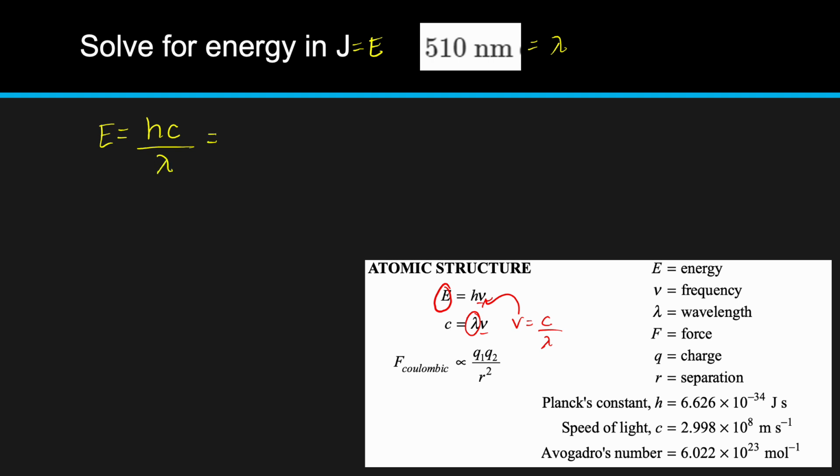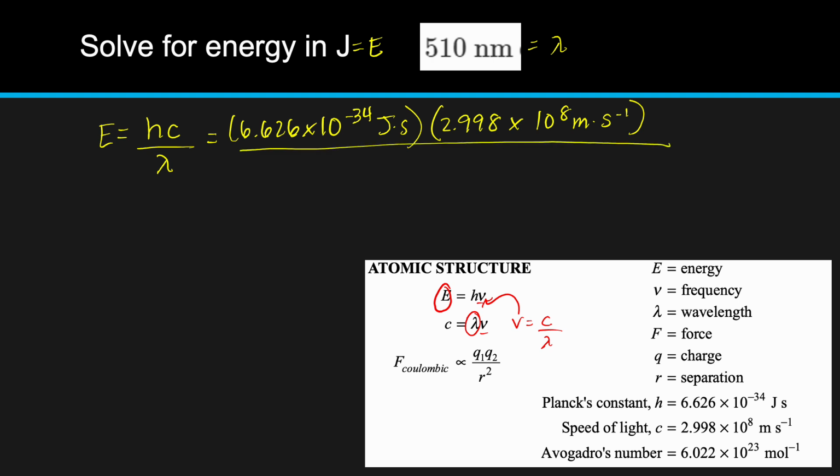So our total singular equation that we can use is E equals h times c divided by wavelength. h is Planck's constant, 6.626 times 10 to the negative 34th joule-seconds. c is the speed of light, which is 2.998 times 10 to the 8th meters per second.